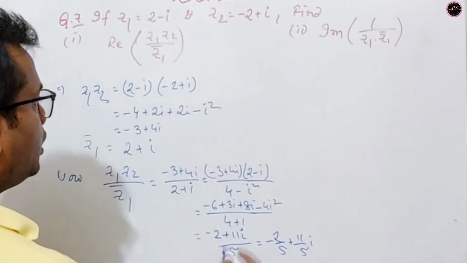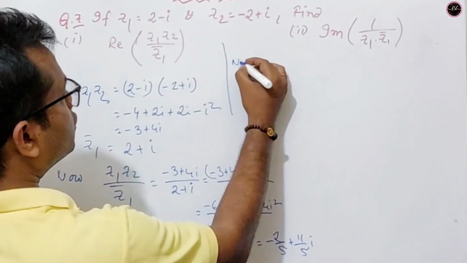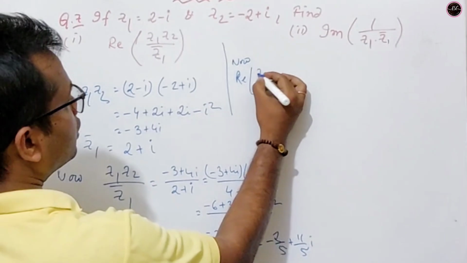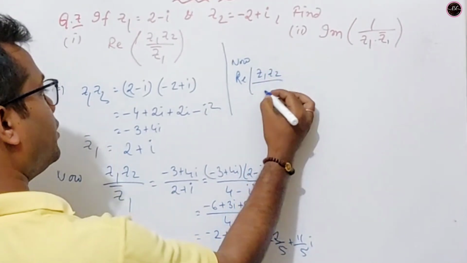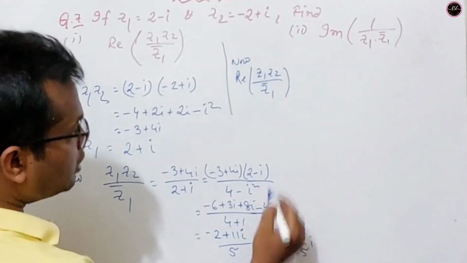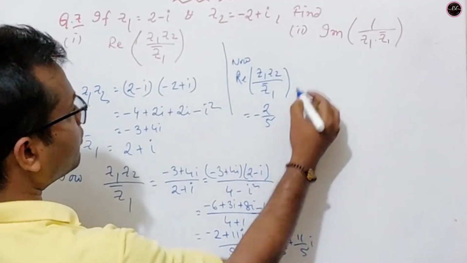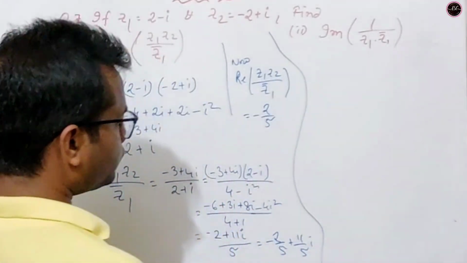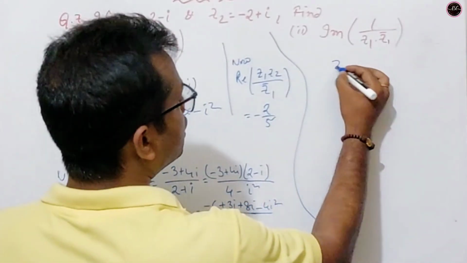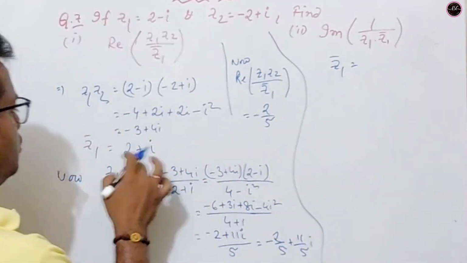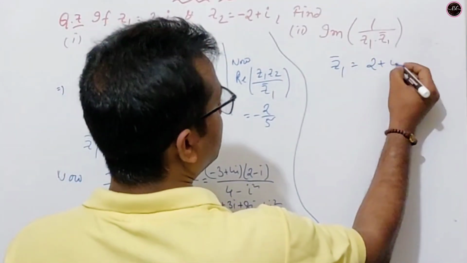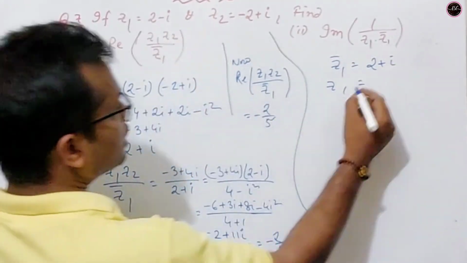So now Z1 Z2 divided by Z1 bar equal to the real part, that means minus 2 by 5. And for this we have Z1 bar equal to 2 plus i and Z1 equal to 2 minus i.